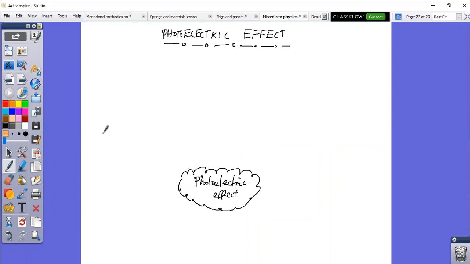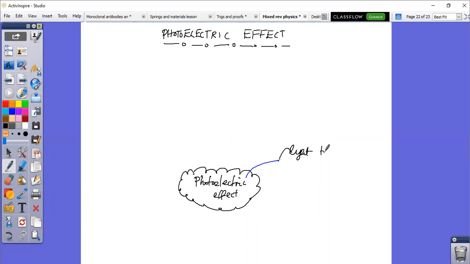Well, what are the key ideas that we explore in the photoelectric effect? Firstly, the key idea is the fact that light behaves as particles.